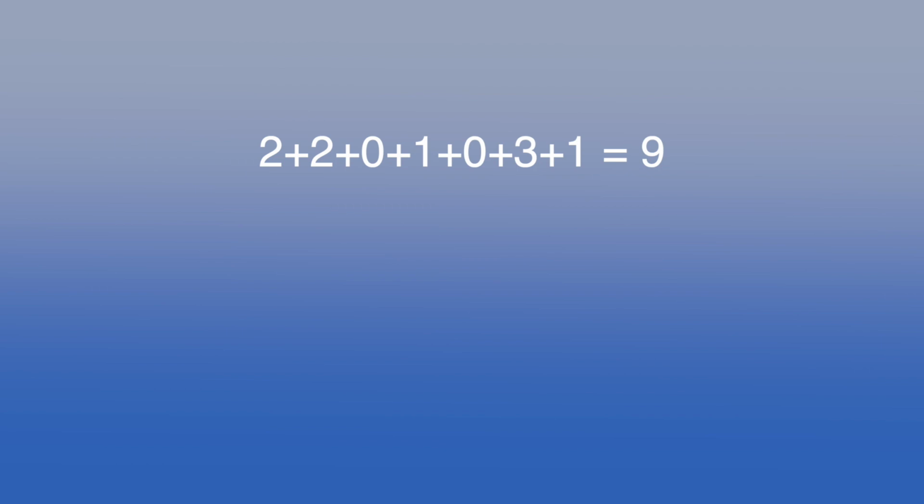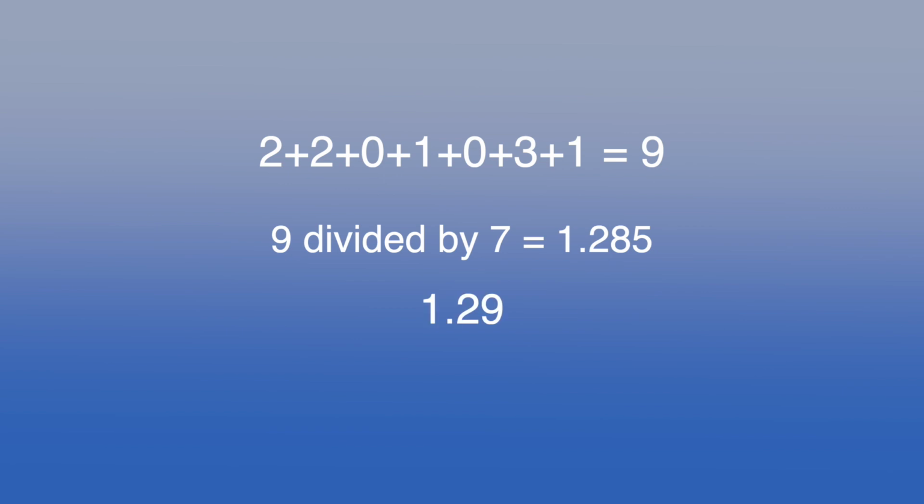And since there are 7 numbers in the set, we would divide by 7. And we would get 1.285. If we rounded that off to the hundredths place, it would simply be 1.29. So we could say your mean or your average goals scored would be 1.29.